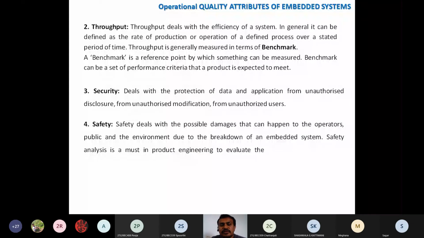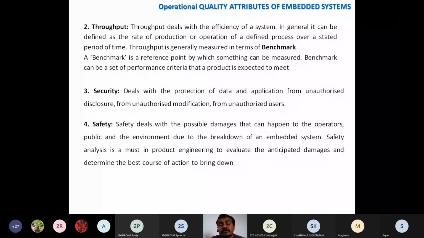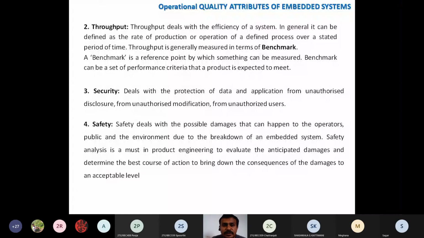It is about overcoming the possibility of damages due to breakdown of the embedded system. As an example, in the ATM machine, because of a system breakdown, the printer may get damaged. So what is the safety of that embedded system?